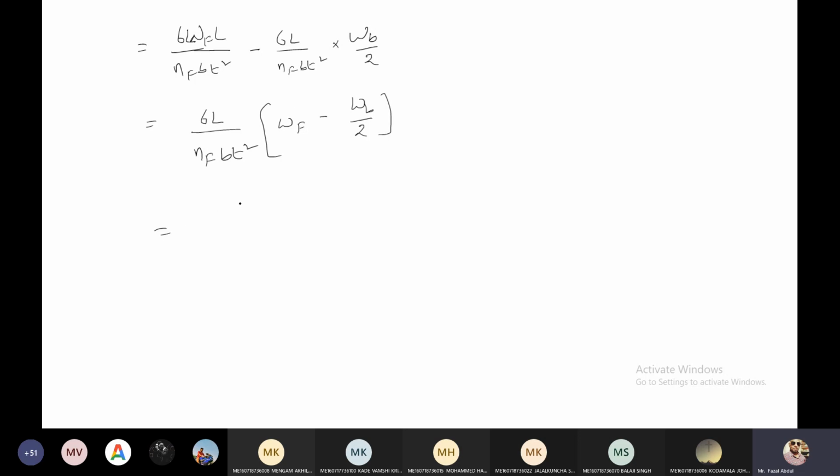So substitute these values in this equation. So here 6L by NF BT square. So what is WF?